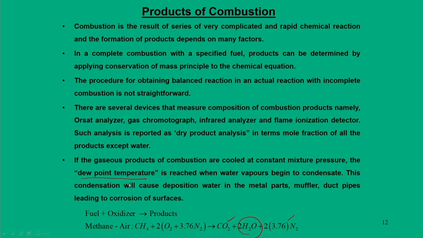This condensation has to pass through the dew point temperature, and this temperature depends on the partial pressure at which the water vapor exists, which we can find from the mole fraction of that constituent.